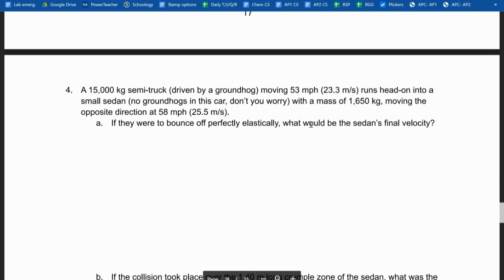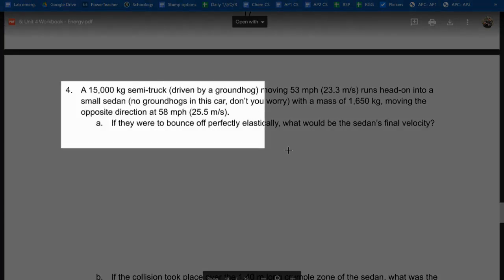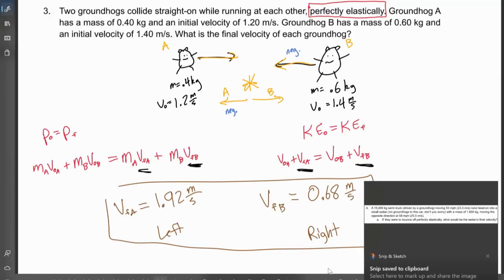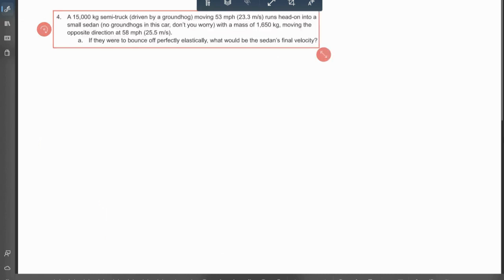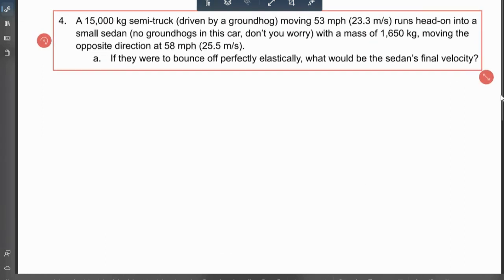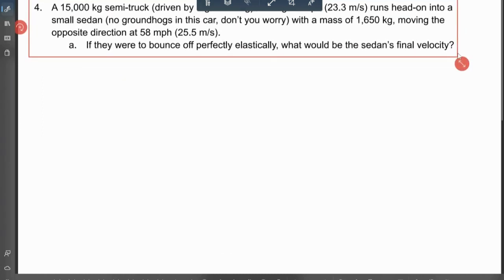We've got one more question here, broken down into 3 parts. So, question number 4. I like this question because it shows you just how scary semi-trucks can be.